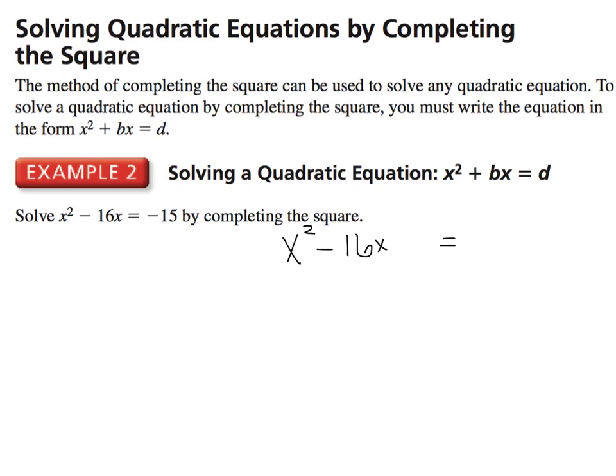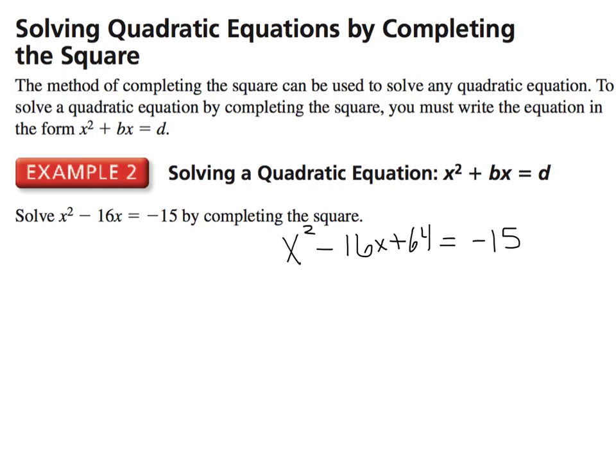I want to get this by itself, which it is, and then the negative 15 to the other side. Now, I complete the square. Half of negative 16 is negative 8. I then square that. And if I square negative 8, I get positive 64.